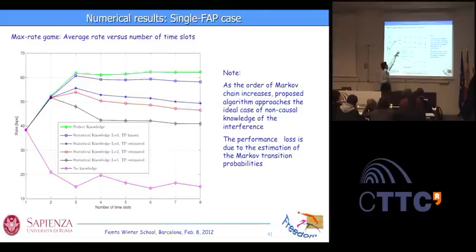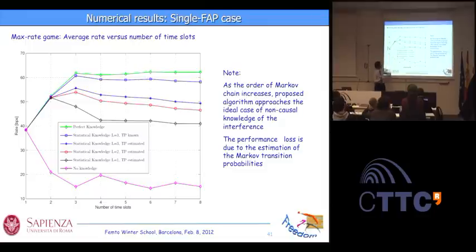the situation is going to remain exactly the same. In the other case, we are incorporating the estimation of the transition probability, and we find out the optimal power allocation in that case. So you see, what happens is that you can approach the ideal case of perfect knowledge as the order of the Markov chain increases.